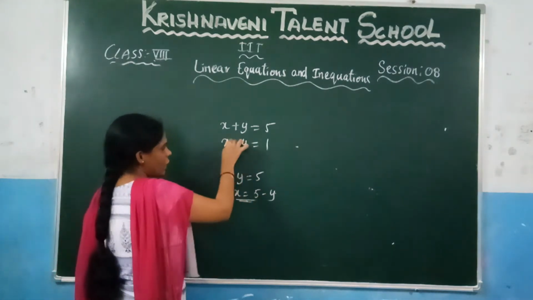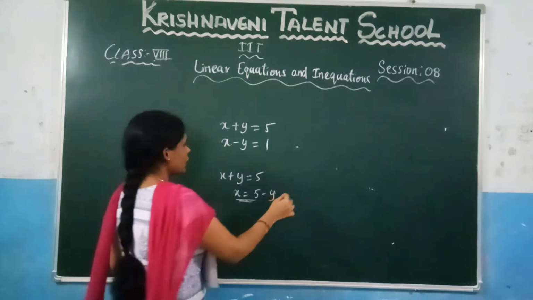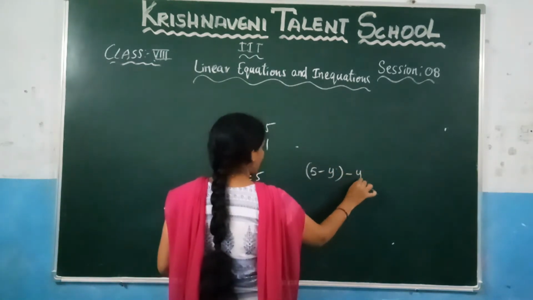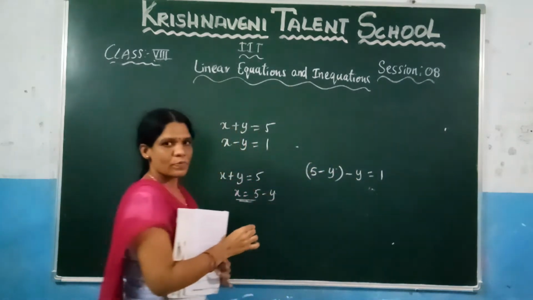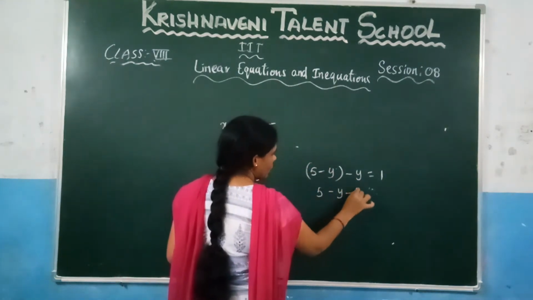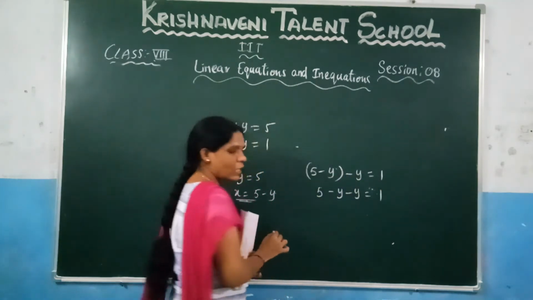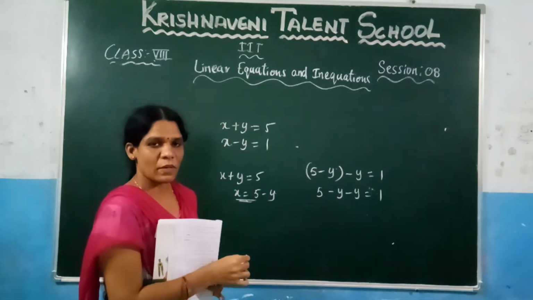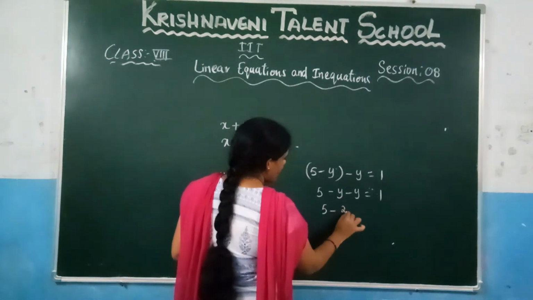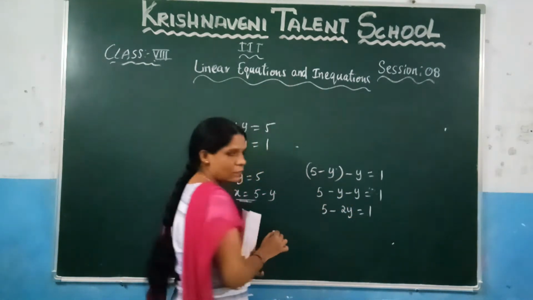Just substitute the value of x here. So what will you get here? 5 minus y minus y is equal to 1. So what are you getting here? 5 minus 2y is equal to 1.